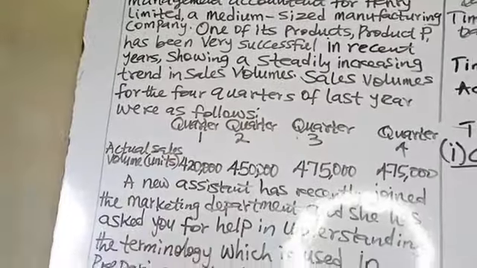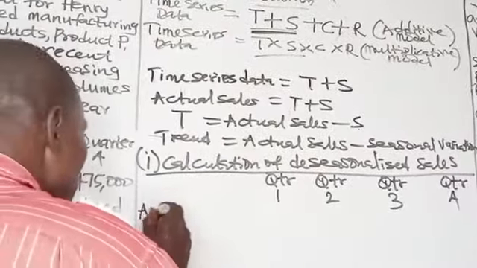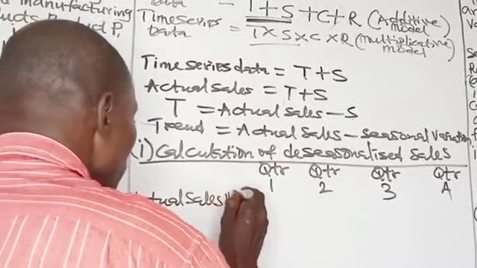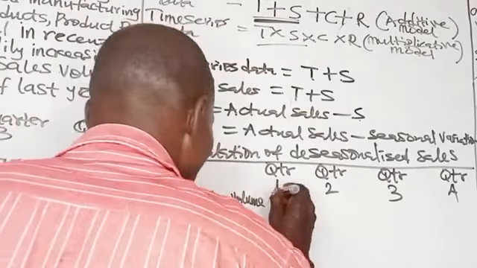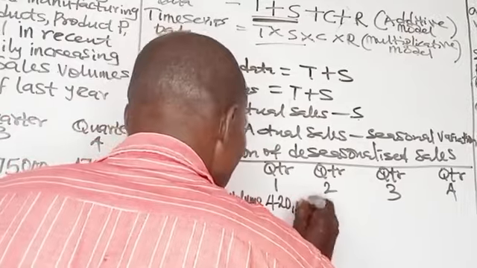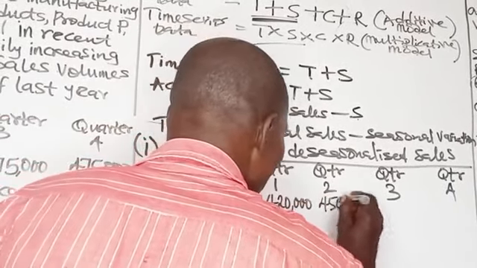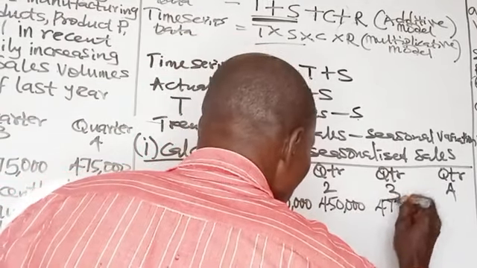Now, they have the actual sales volume. Quarter 1, we have 420,000. Quarter 2, 450,000. Quarters 3 and 4, 475,000 each.